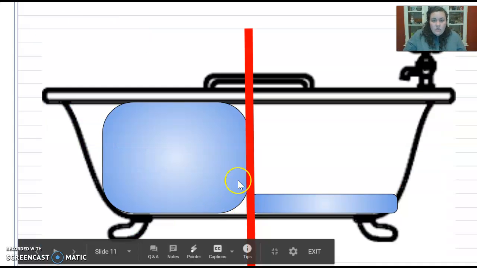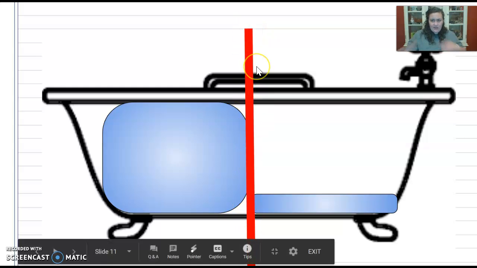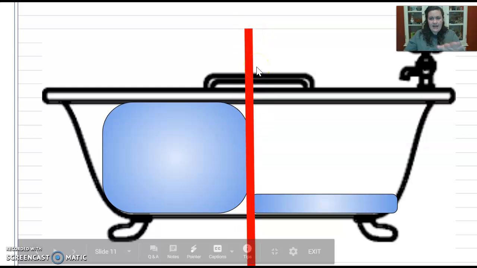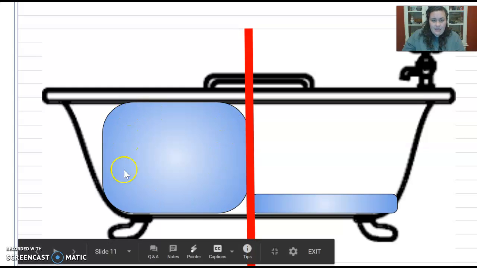But a really great example of this is if I had a bathtub and for some magical reason, I was able to insert this plexiglass barrier in the center and I filled this side of the bathtub up with water. Okay, this side of the bathtub has a lot of water in it. It has a high concentration of water. This side of the bathtub does not have a lot of water in it, so it has a low concentration of water.